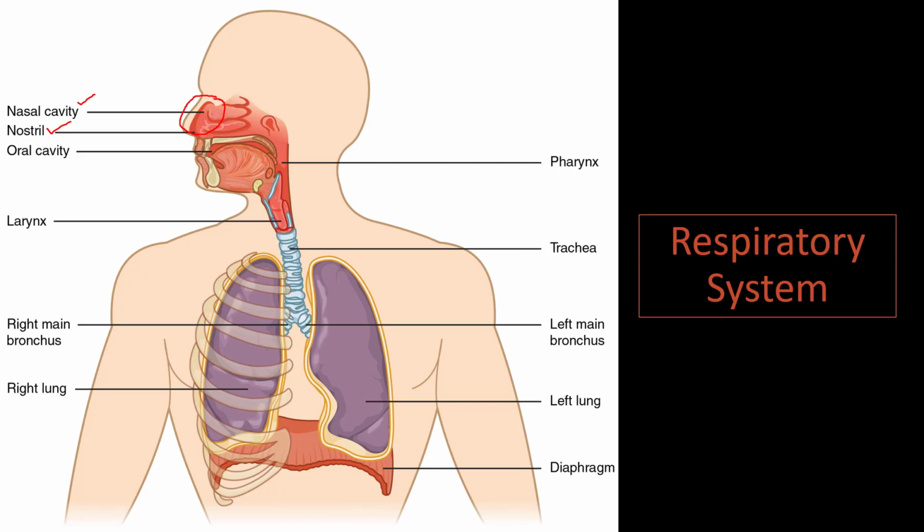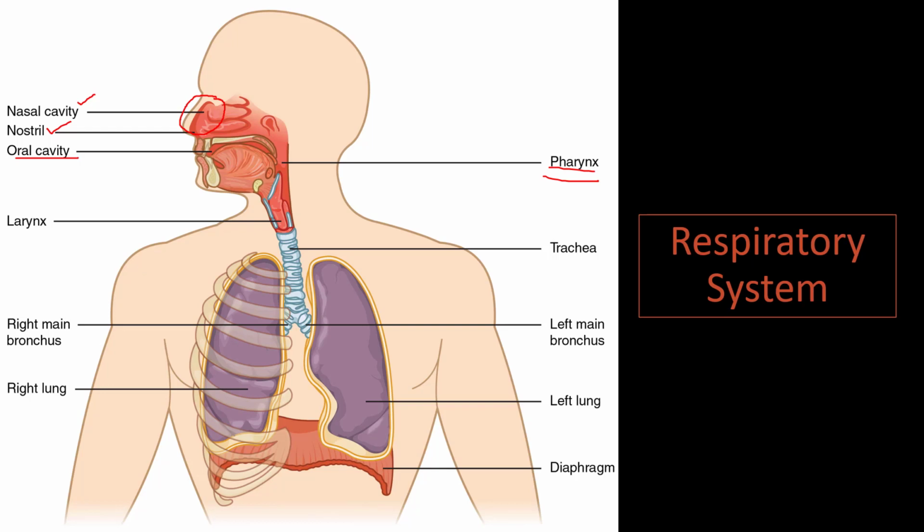Now from here the oxygen basically contacts the structure called pharynx. Remember, the oral cavity and the nasal cavity are both connected, so the air can enter both through the nasal cavity as well as the oral cavity.